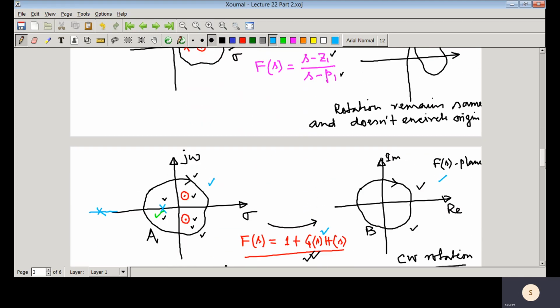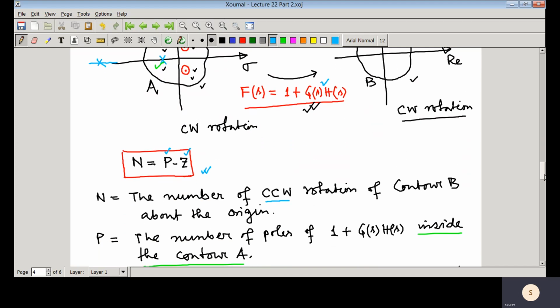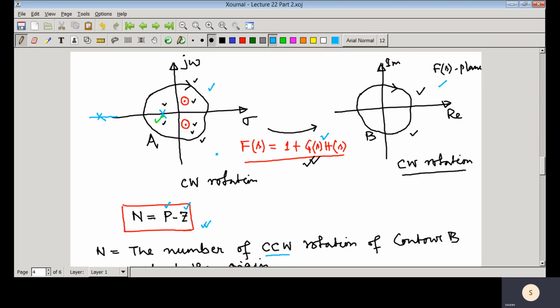So this particular relationship holds. For this particular example, you see the number of poles is 2, and the number of poles inside that contour is 1, and how many zeros are there, that is 2. So that is 1 minus 2, so effectively it would be minus 1, and so N is minus 1, and N we have taken as counterclockwise direction.